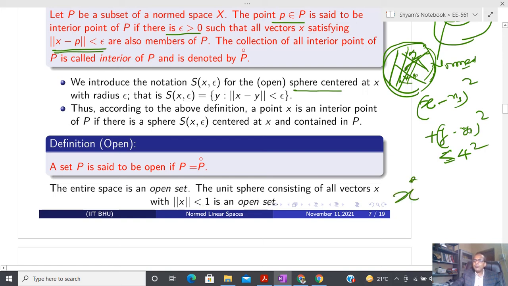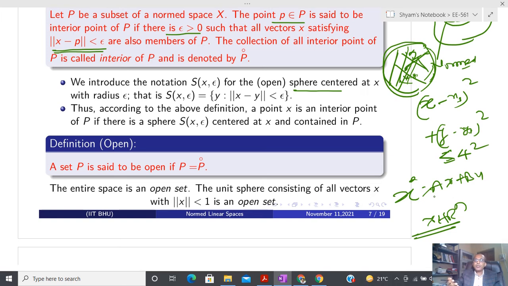So suppose you are writing x dot equals Ax plus Bu and x belongs to R^n, we are talking about the open set, not some kind of closed set. We are telling that x can lie anywhere in the space, and at that time I am able to define some kind of ball. You can take any subset, and at that time I can define the ball, and it will satisfy this kind of relation. That is the meaning. Anyone has confusion?